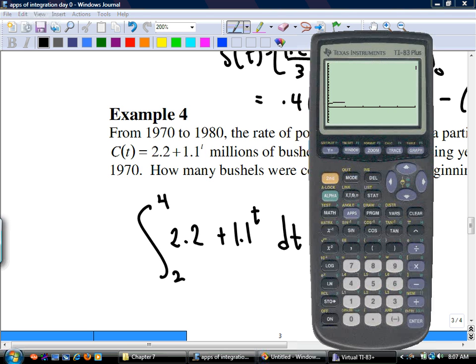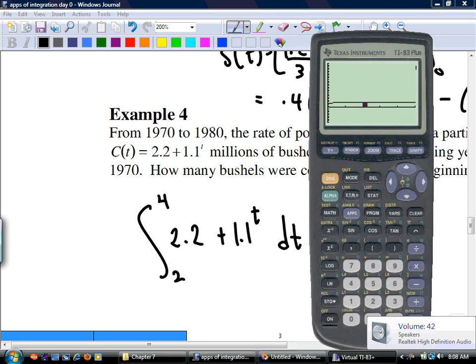Who cares what it looks like? Second trace, 7, enter, 4, enter.